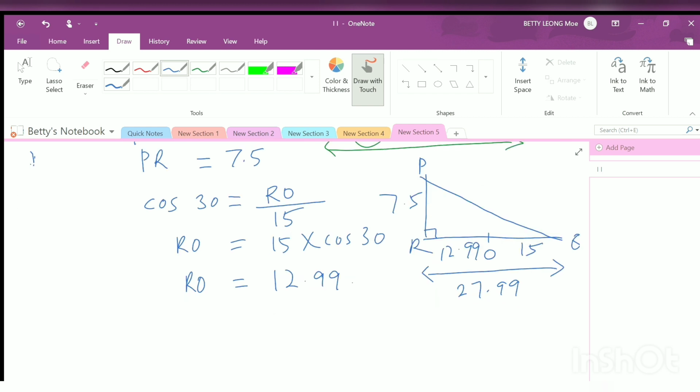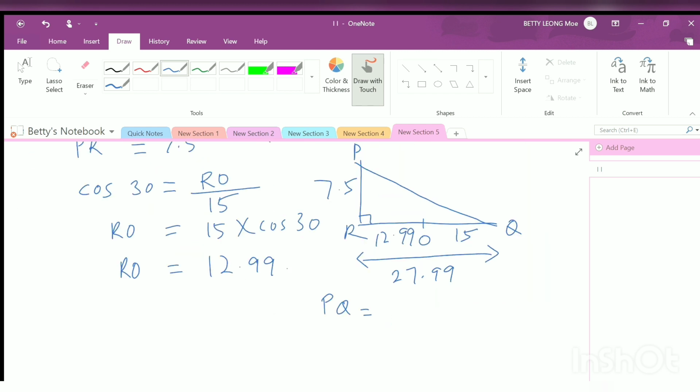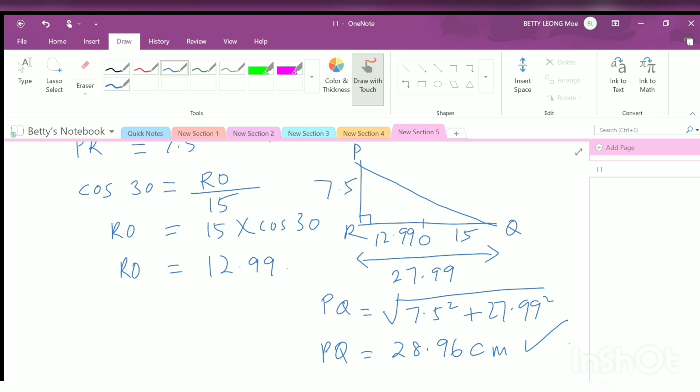Your PQ equals, you just use your Pythagoras, 7.5 squared plus 27.99 squared. So your PQ is 28.96 cm. Yeah, you got the answer.